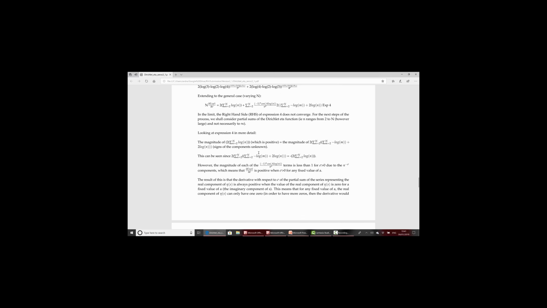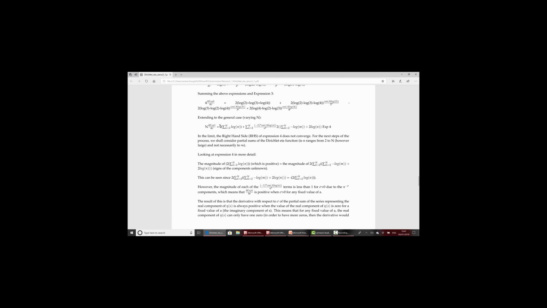Looking at that in more detail, the magnitude of this component is potentially the same as the magnitude of this component. So this, ignoring the cos a log n over n to the sigma terms for the moment, magnitude of this is the same as the magnitude of this.